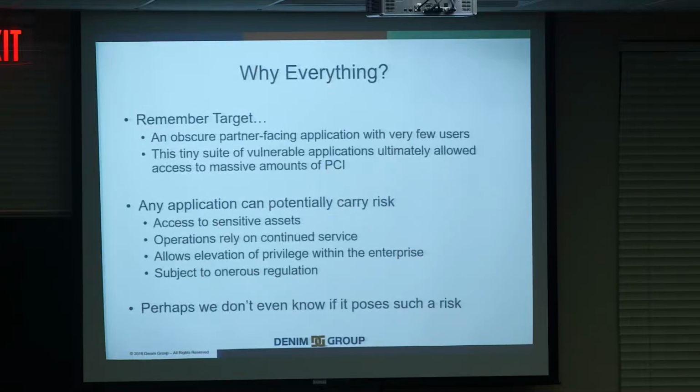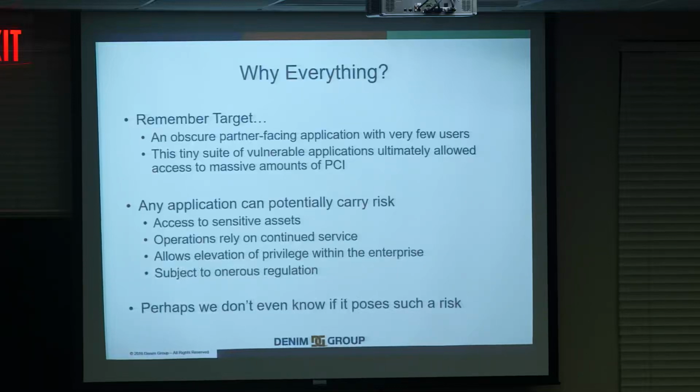Why do we want to consider everything? Remember Target. Their breach started with an exploit of an obscure PHP portal for contractors. I guarantee you they did not think to apply any security scrutiny to it because their thinking was, well, this is just for the partner portal. Nobody uses this thing, so clearly target.com is far more important.